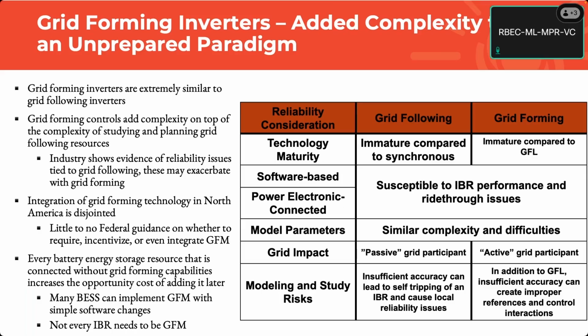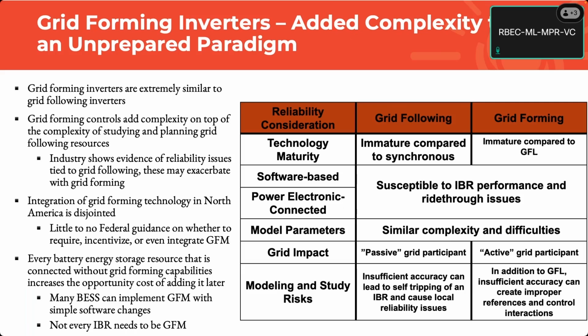There are also disjointed regulations, incentives and requirements for grid forming technology in the U.S. A lot of this goes back to "show me you need it," basically, in a regulatory space. It's really hard to get a tariff change that says you must install grid forming on your battery, because someone will say, well, that costs money, and why should I if no one showed me I need it, right?